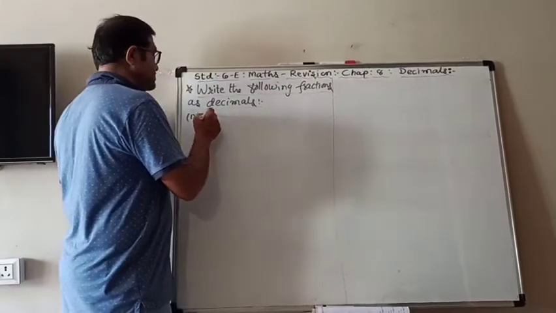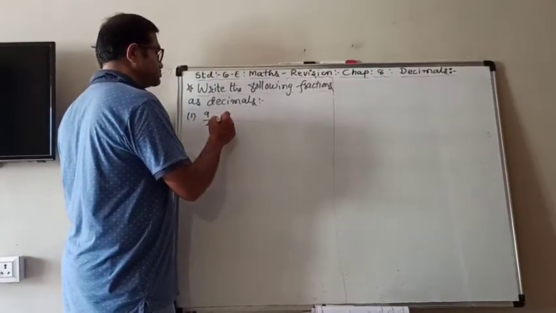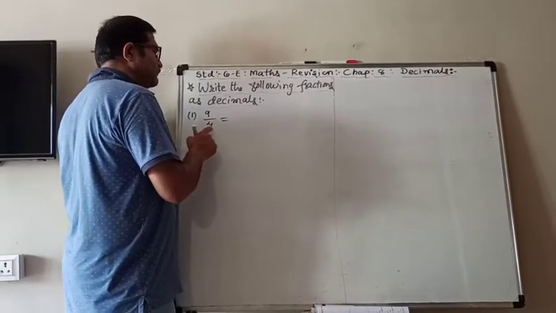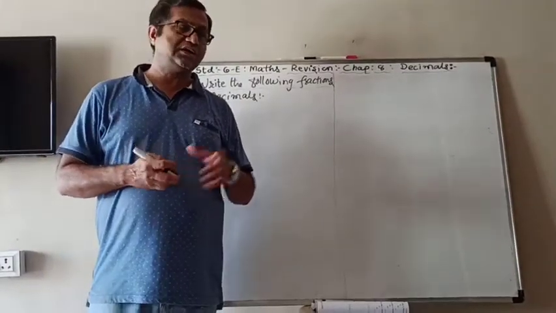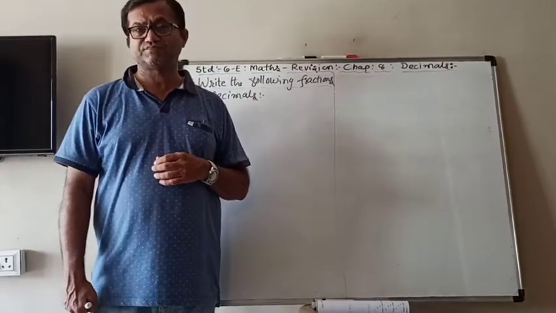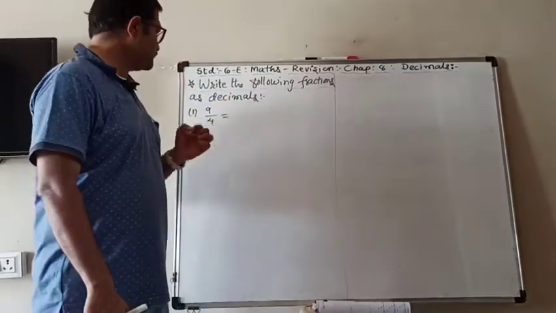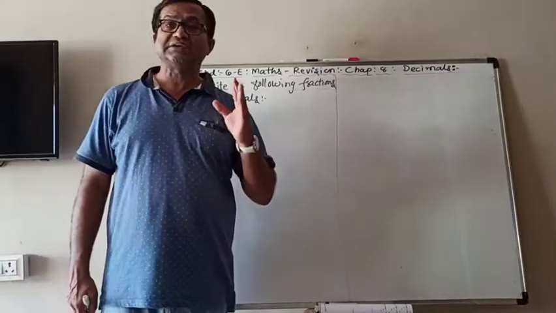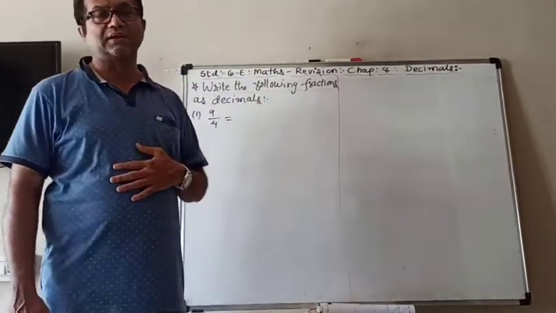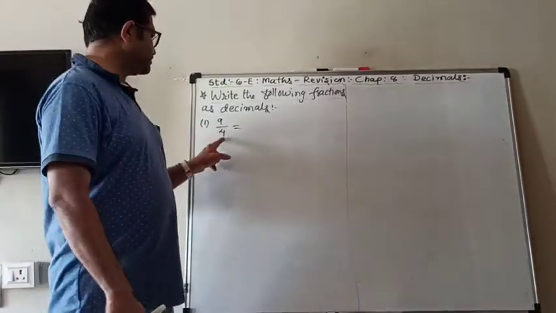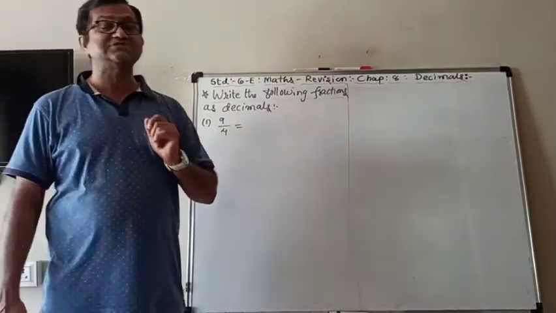First question is 9 upon 4. Now here 4 is there. So we have to find the equivalent fraction of 9 upon 4 such that there is 10 or 100 or 1000 in the denominator. So now we know that 4 multiplied by how much is 100?